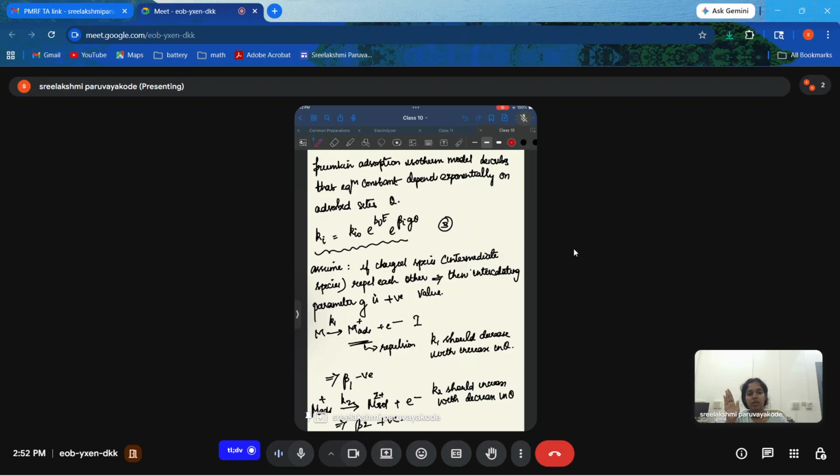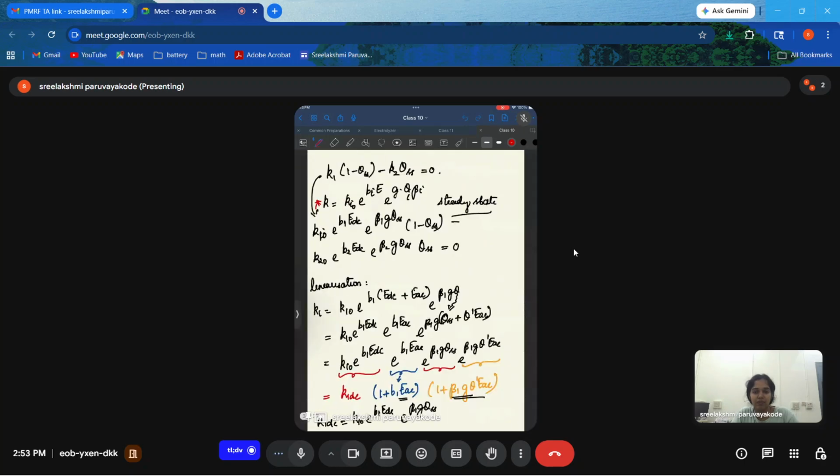So when the potential increases, the fraction of sites adsorbed initially increases, and then if we are adsorbing more species, they will get adsorbed next to the previously adsorbed species, and the repulsion happens. That means as the potential keeps on increasing, species adsorption increases, and after one point K1, the step which corresponds to the formation of that adsorbed intermediate species, reduces, because for that step, beta 1 is negative.